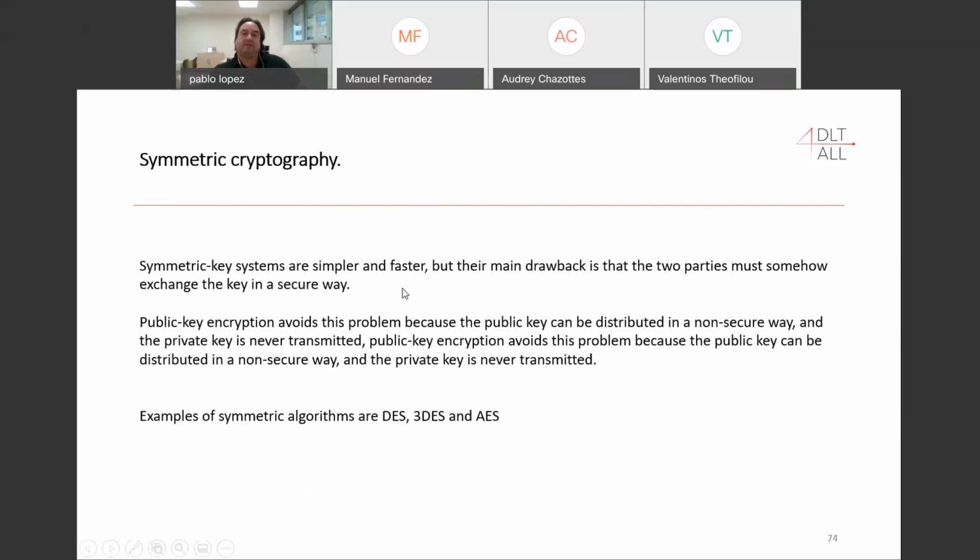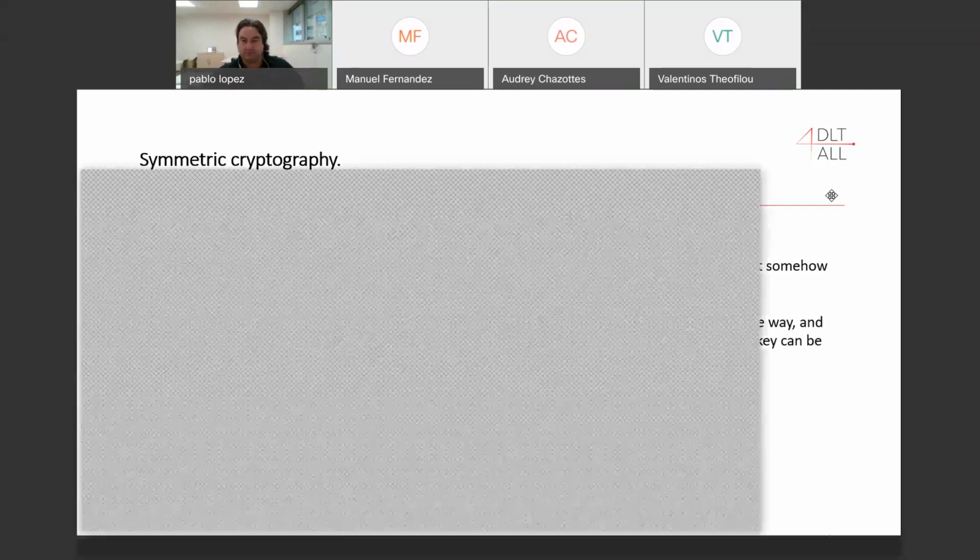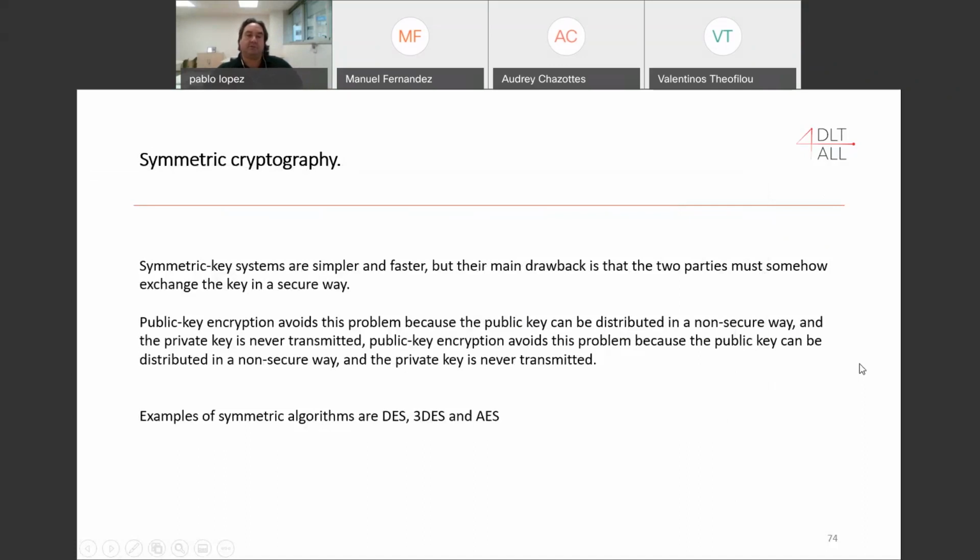These symmetric key systems are simpler and faster, but their main drawback is that the two parties must somehow exchange the key in a secure way. We need a secure way to exchange the key. Public key encryption avoids this problem because the public key can be distributed in a non-secure way, and the private key is never transmitted.